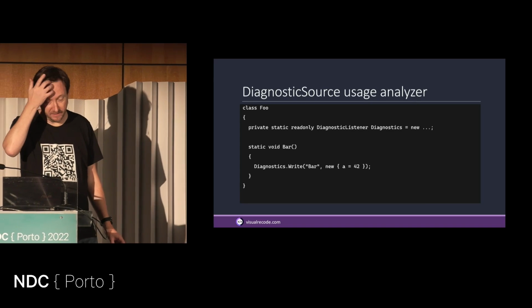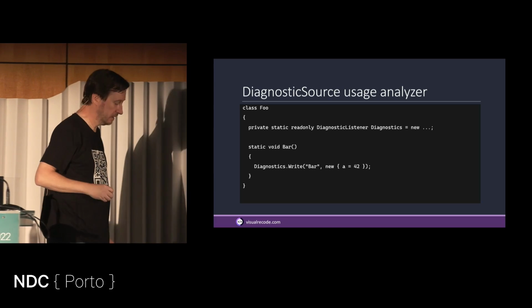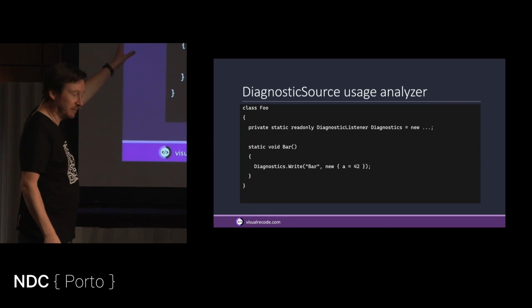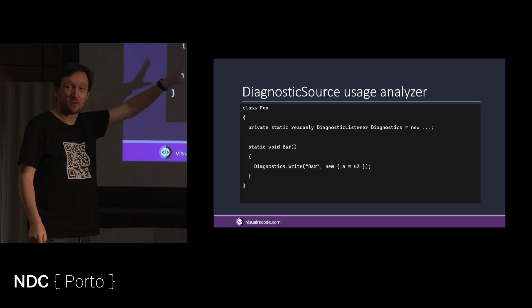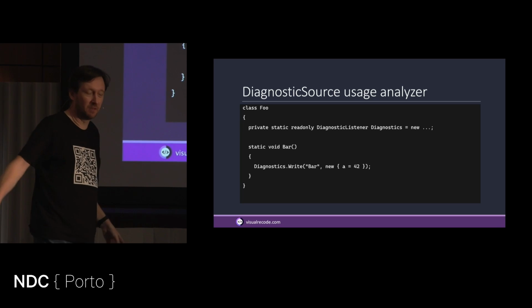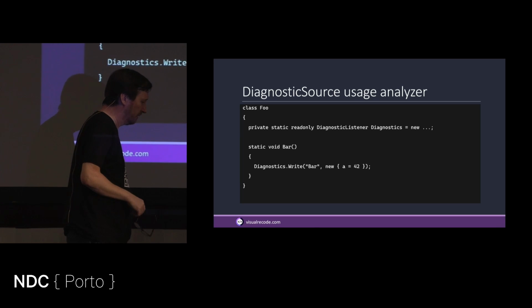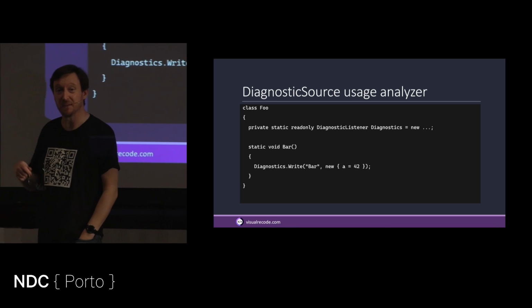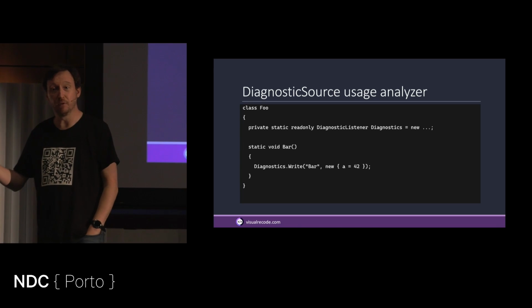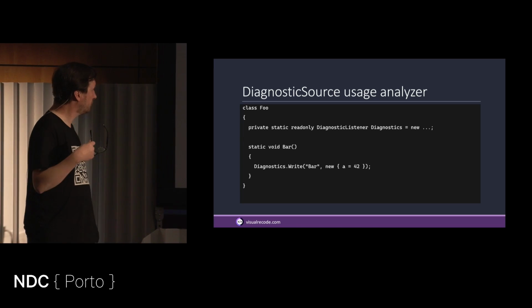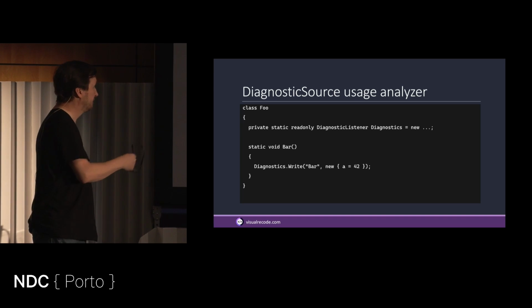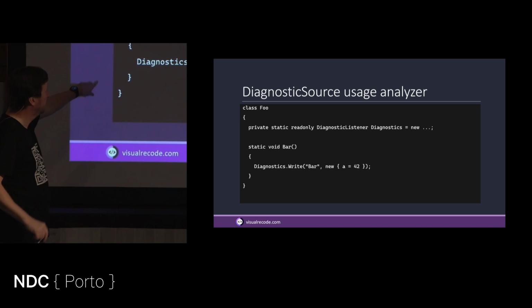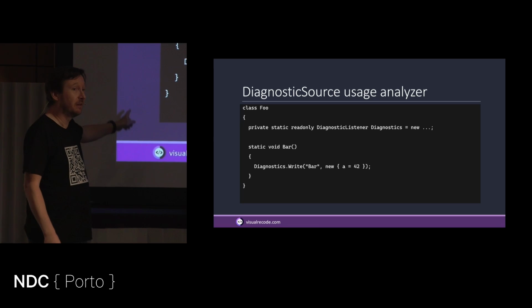One example of this was I was working for a bank, and I went through and I added System.Diagnostics.DiagnosticSource all the way through this WPF application. And they went, this is great, and we want more of this, and we want everybody to be able to use this. And so this code sample here is wrong, okay?